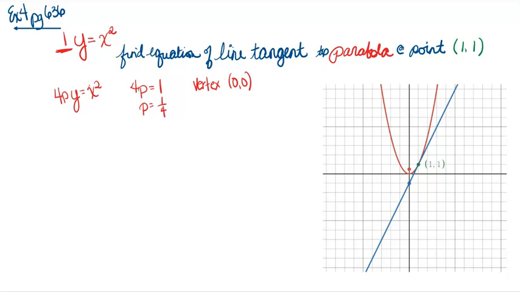Therefore, I take this 0 and add 1/4 to it, so my focus is going to be the point with the same x, but 0 plus 1/4 is 1/4, because it's going up since it's positive. I know it's a vertical axis because my x is squared, and I see my vertex is 0, 0.